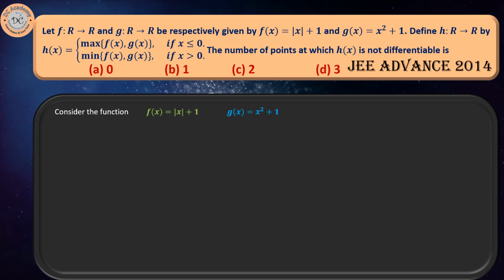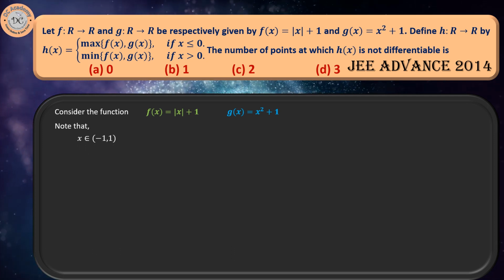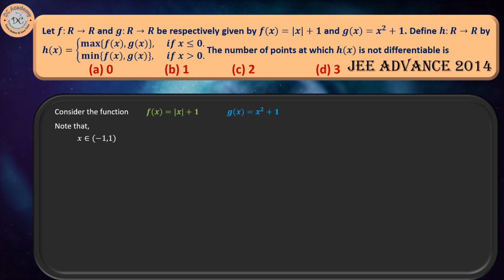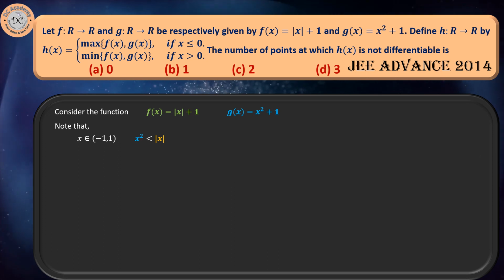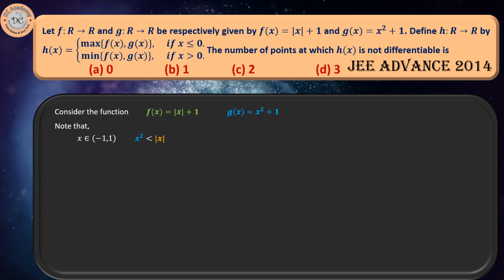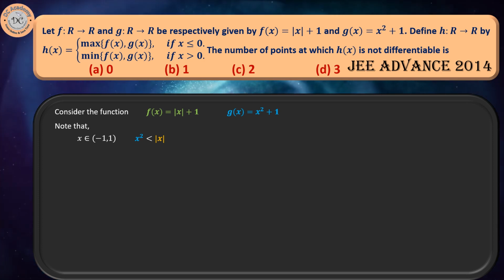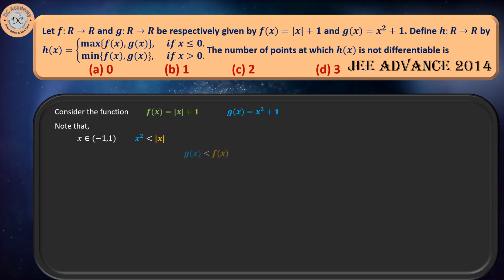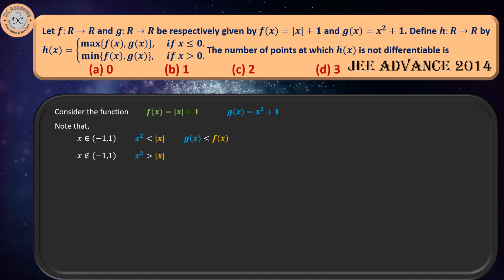Now here we have to make a small observation. We note that if x lies in the open interval -1 to 1, then |x| has a larger value than x², because that's the fundamental property of squaring: if the value is less than 1, its square is smaller. And if x doesn't belong to -1 to 1, x² will be greater than |x|.